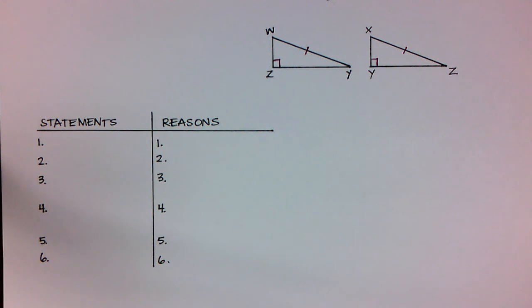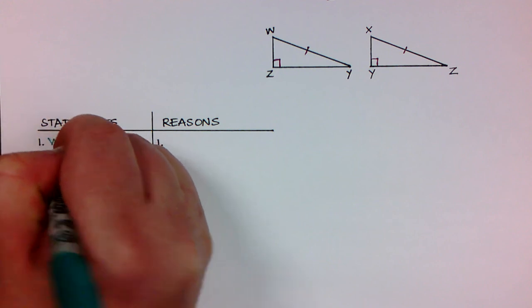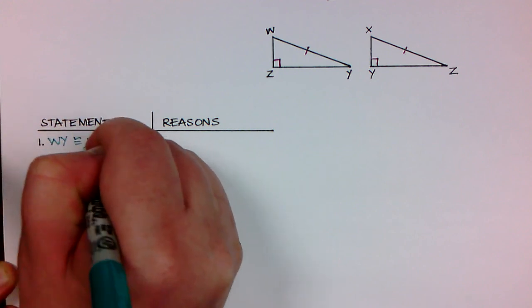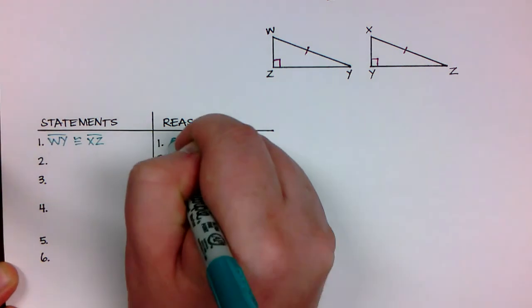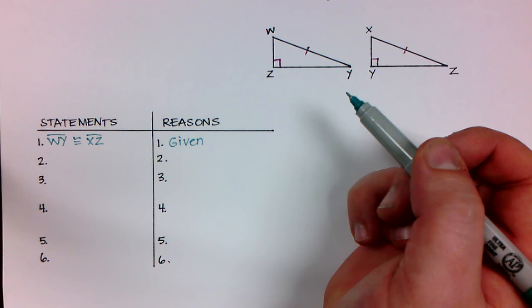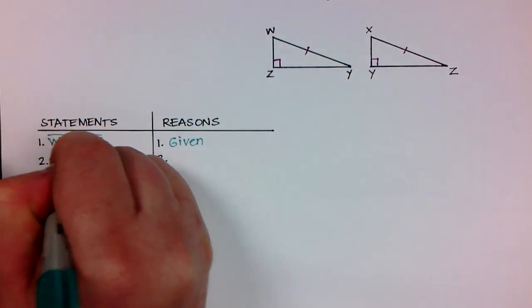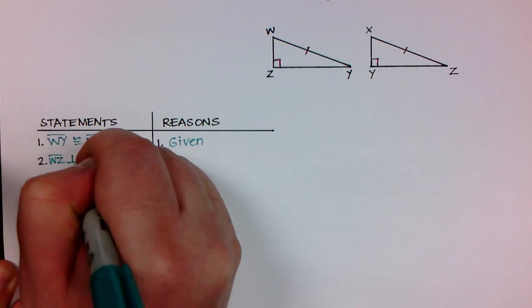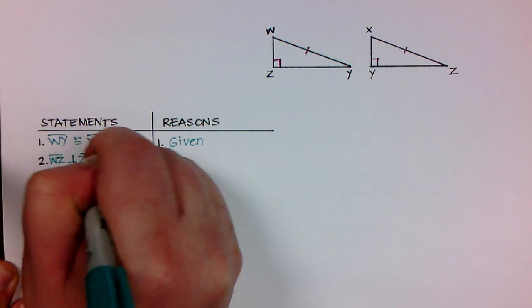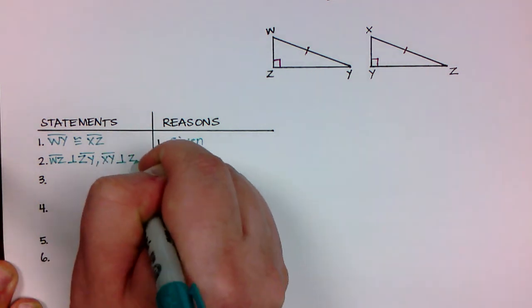So we redrew the picture so it's a little more clear for us to look at, and let's just go with what we know. So we know that WY is congruent to XZ. This was something that we were given at the very beginning, and then we made that apparent in our diagram. We are also told that WZ was perpendicular to ZY, and that XY was perpendicular to ZY.